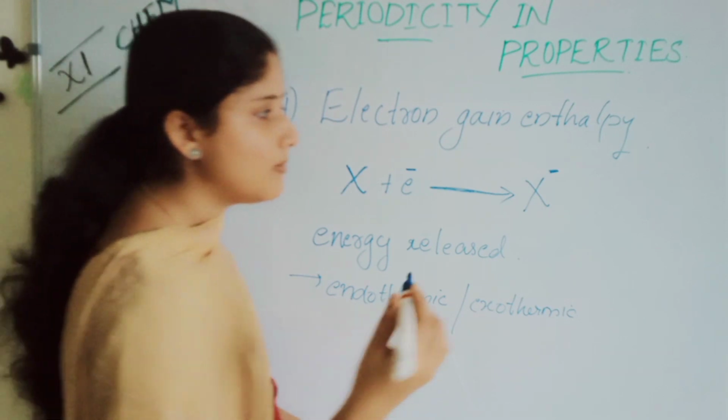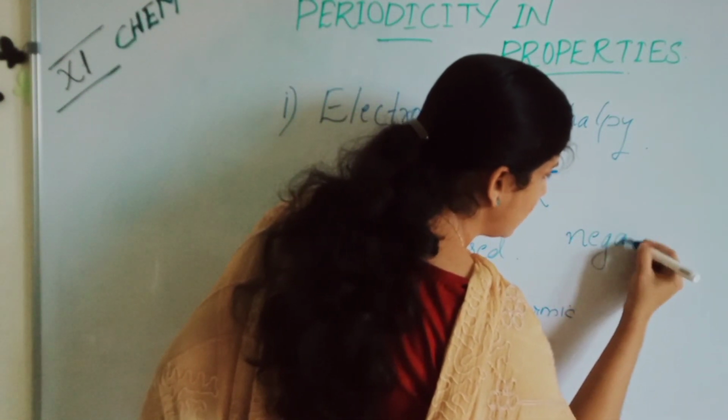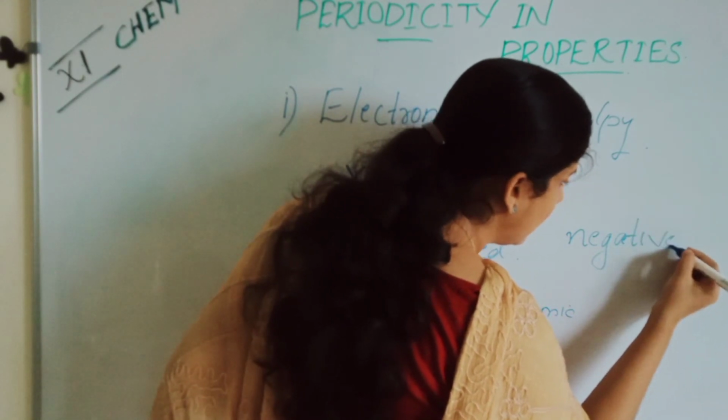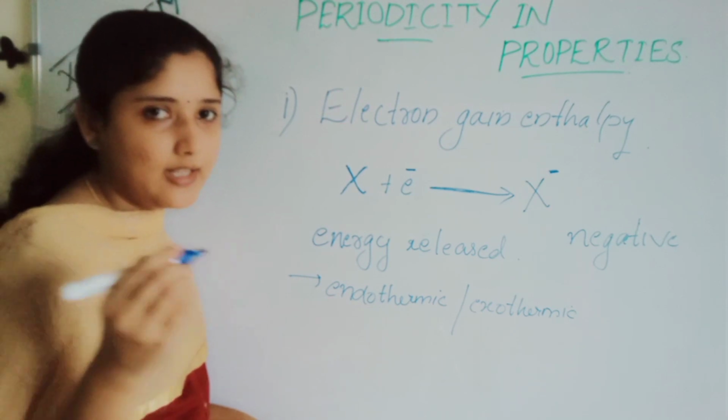Usually for all atoms it will be negative, but it can also be positive. The energy release will usually be negative. It is represented by negative electron gain enthalpy.